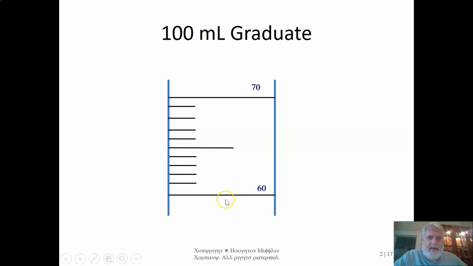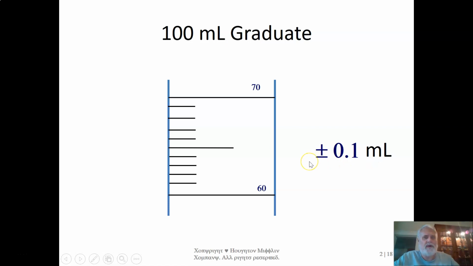So the way you do that is, first thing you got to do is figure out what the increments are. Okay, so in this case, the increments, here's 60, there's 70, these each are in the ones position. Now, then go to the right one place, and that's the one that you can guess. Okay, so in this case, this is plus or minus 0.1 milliliters.